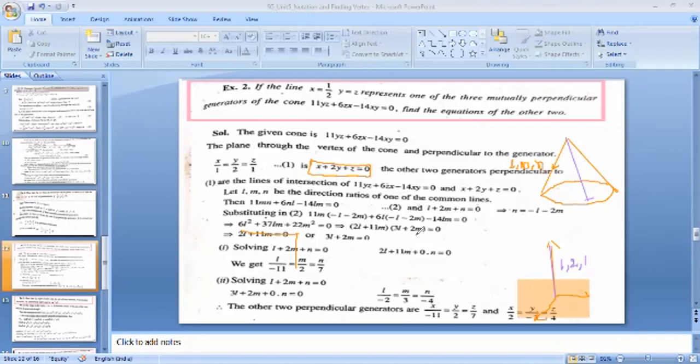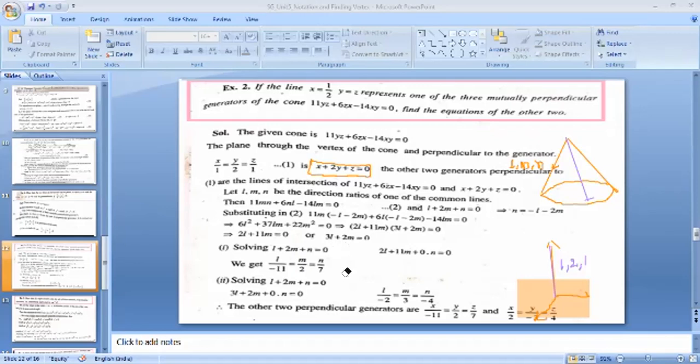On further simplification, we get 6L square plus 37Lm plus 22M square equal to 0. Now that can be written as the product of two terms, 2L plus 11M into 3L plus 2M equal to 0. So we have 2L plus 11M equal to 0 as one condition, and 3L plus 2M equal to 0 as the other.